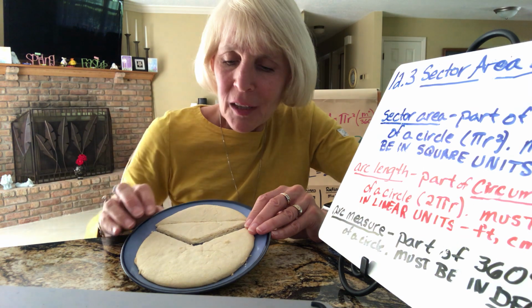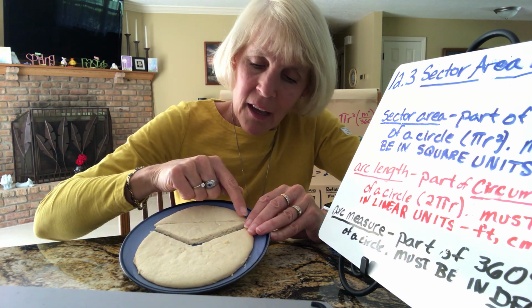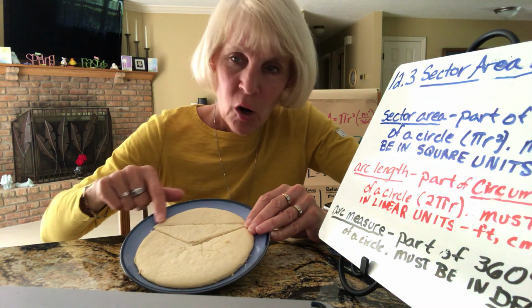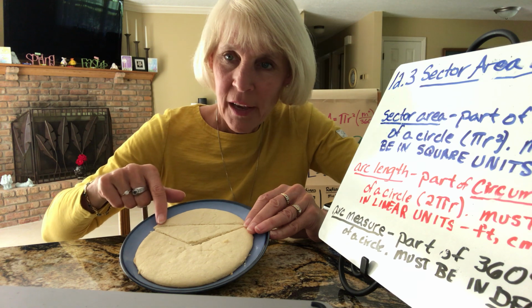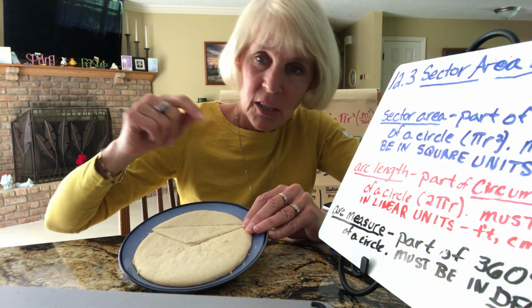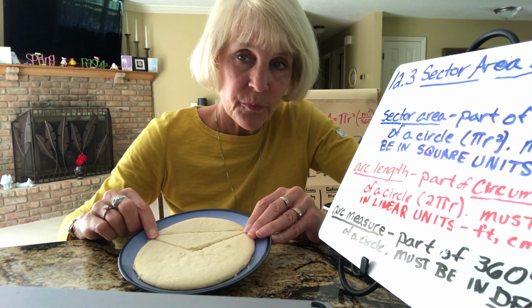So what we're really going to be looking at today is if I just had a 120-degree arc measure right here. And I know that my radius on this cookie is quite large. Let's say the radius is 3 inches.